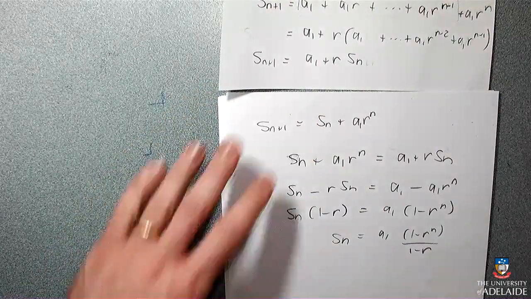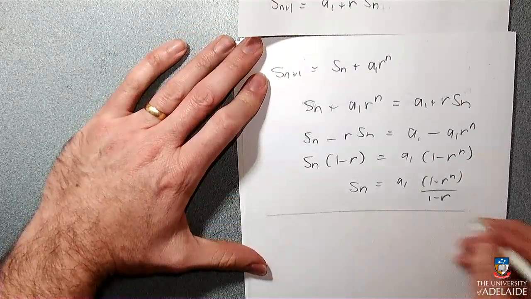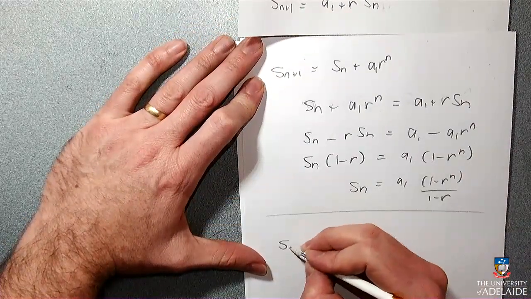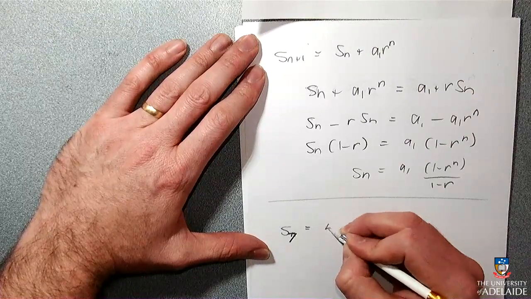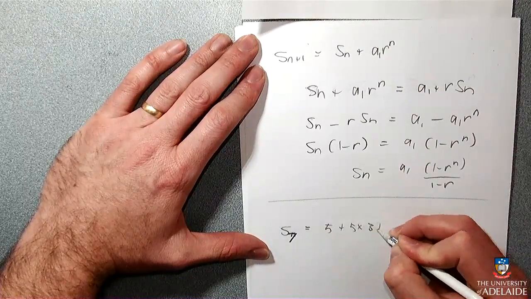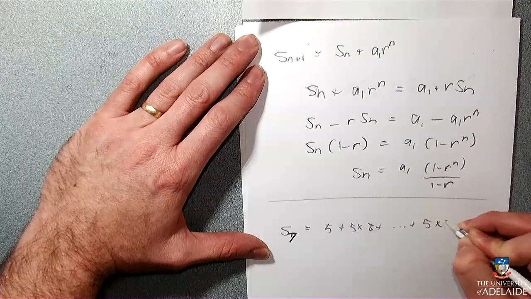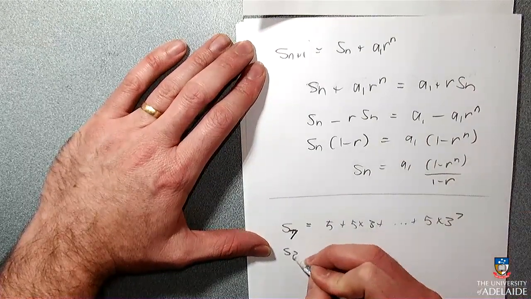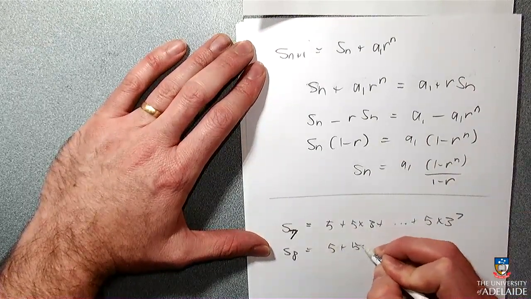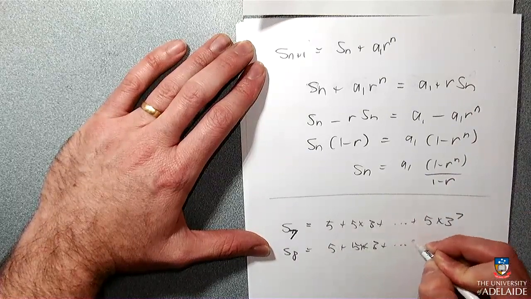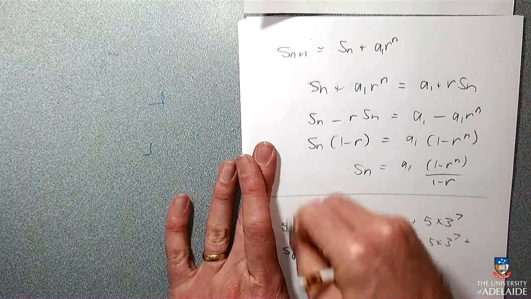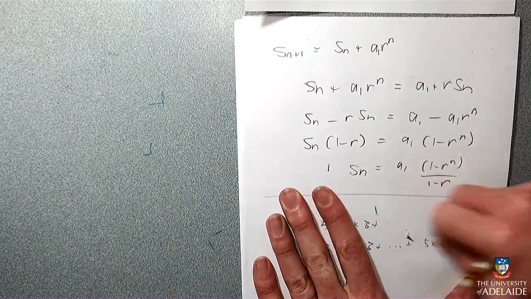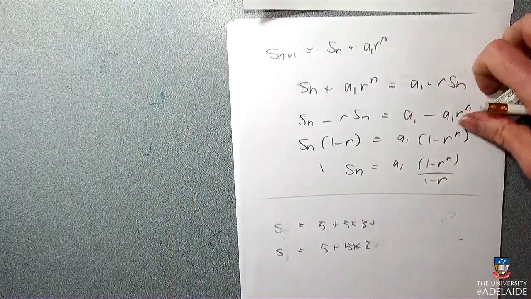So, I just want to do it with a proper one, with just one that we know what it is. So S8 would be 5 plus 5 times 3. In fact, I'm just going to do it really small so we can actually see them all.